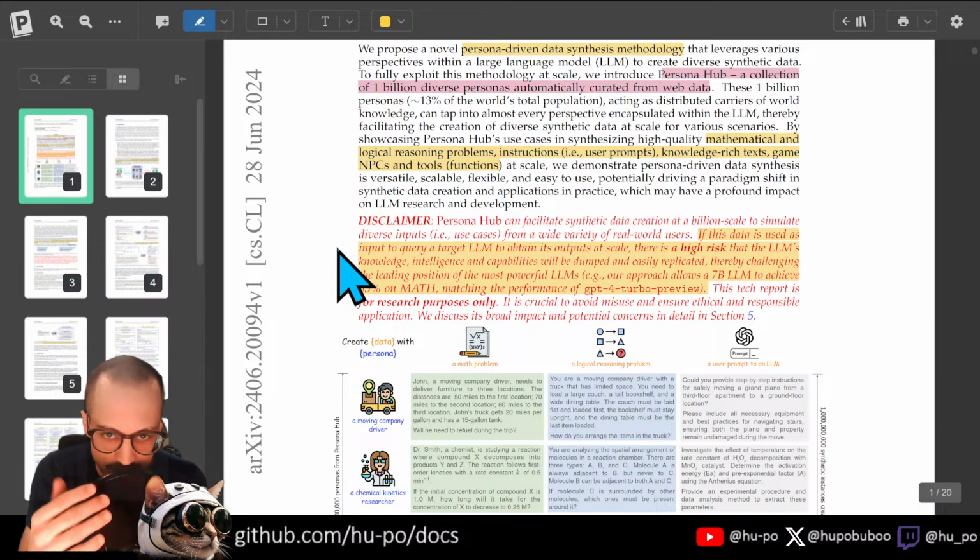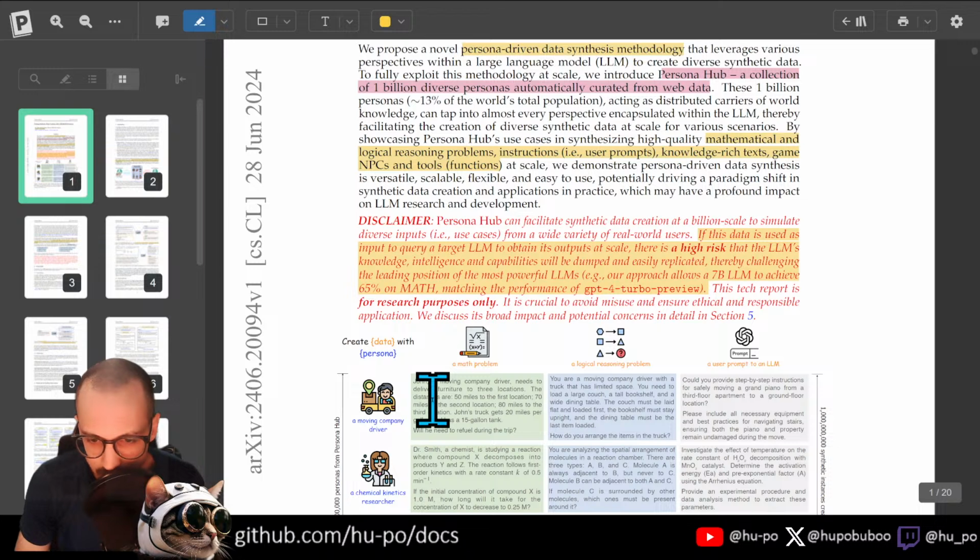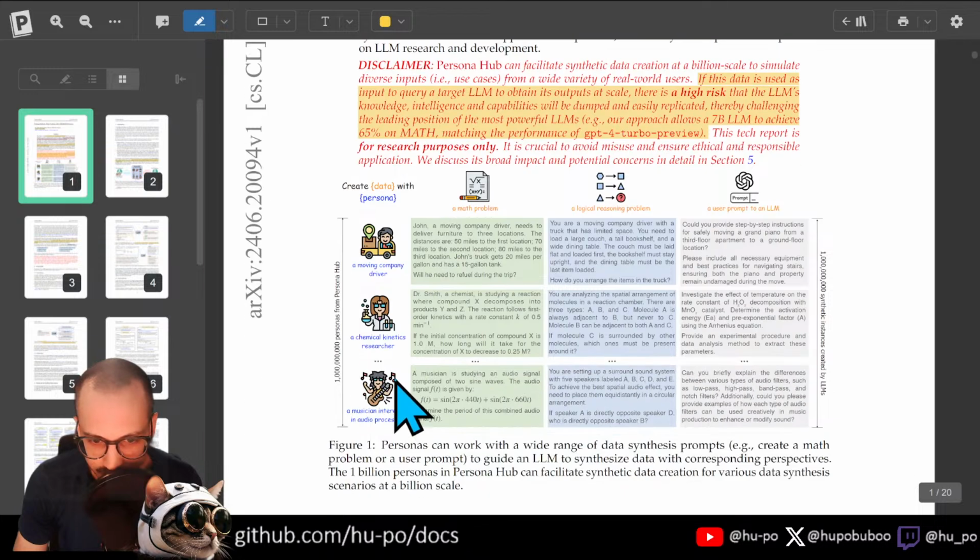You want a very wide distribution that captures all these different possible things. So data set scale only matters in that with scale, generally you get more variance. And this is a way of creating that variance synthetically.